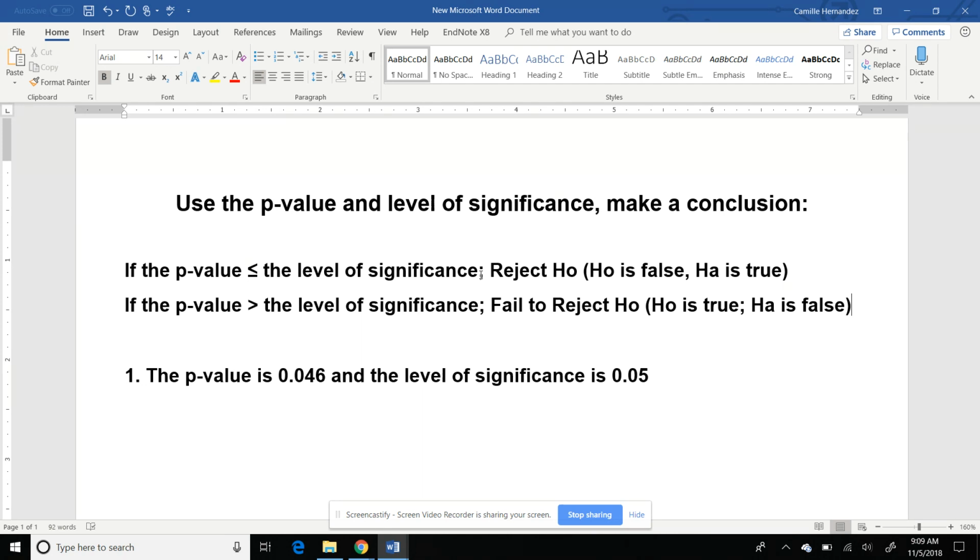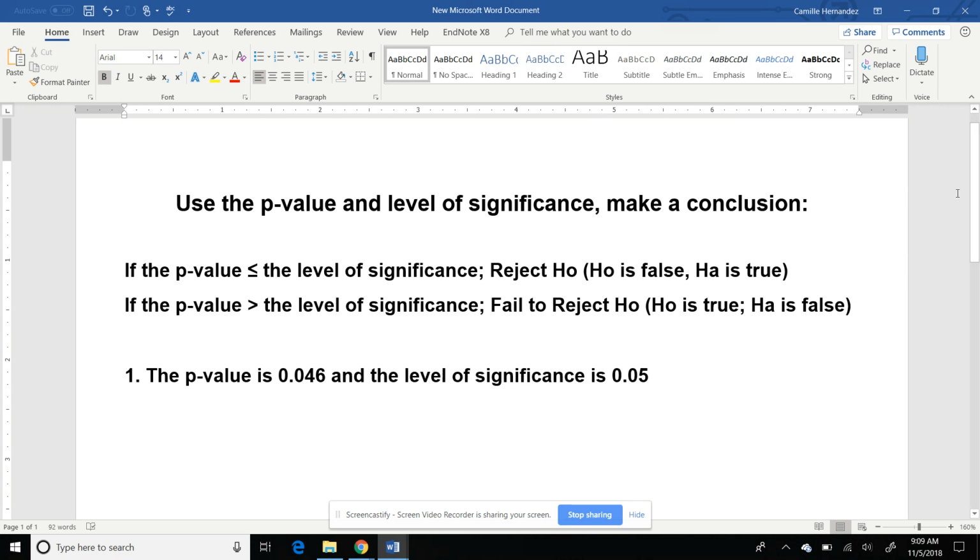If the p-value is greater than the level of significance, you fail to reject the null, which means the null is true and the alternative is false, okay? So again, that's how you're going to make your rules. And it might help when you write your hypotheses that you put true and false based on your p-value and your level of significance, the outcome from there.